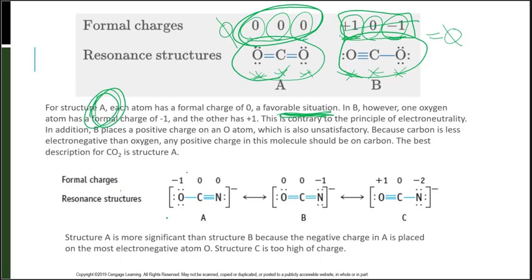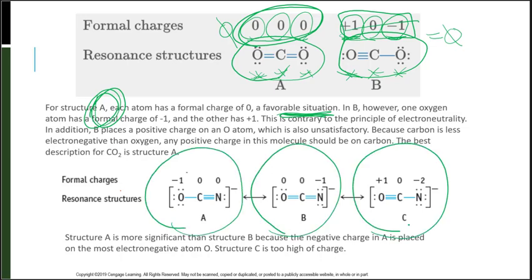Let's look at OCN⁻, the second structure, and we could write these three different ways, A, B, or C. And if we found the formal charges on each of them, here's what we're given: negative 1, 0, 0; 0, 0, negative 1; positive 1, 0, negative 2. So right off the bat, I'm going to cross off C. It is very unfavorable because that negative 2 charge is the biggest of all three. Then I'm going to say, well, which one of these, A or B, is more likely?